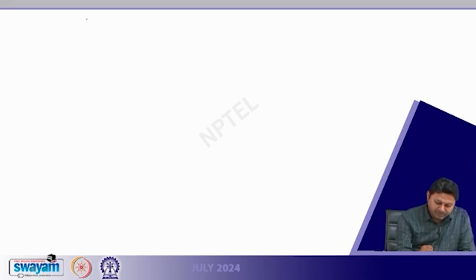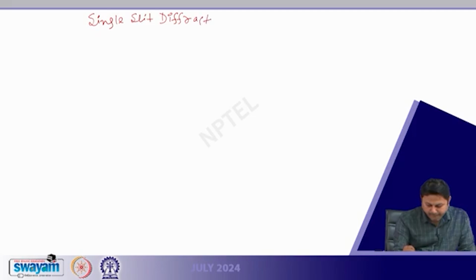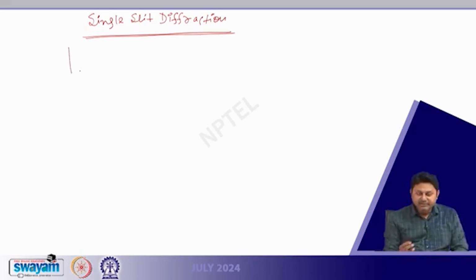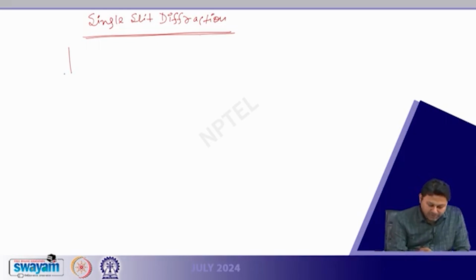This is the single slit diffraction problem, and instead of doing a discrete summation, now we will do a continuous summation in this way. Let me draw that. So, this is the single slit we have.